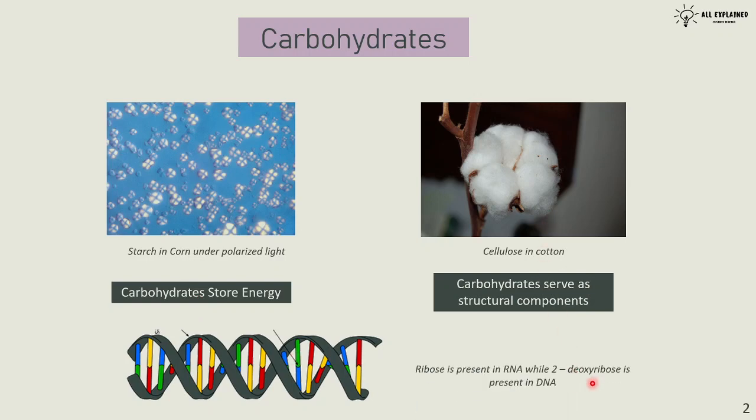So 2-deoxyribose. In RNA we have ribose, but in DNA we have 2-deoxyribose. So here you see that carbohydrate is being used to form a molecule which serves to carry information from one generation to another. So quite a variety of functions these carbohydrate molecules can show.